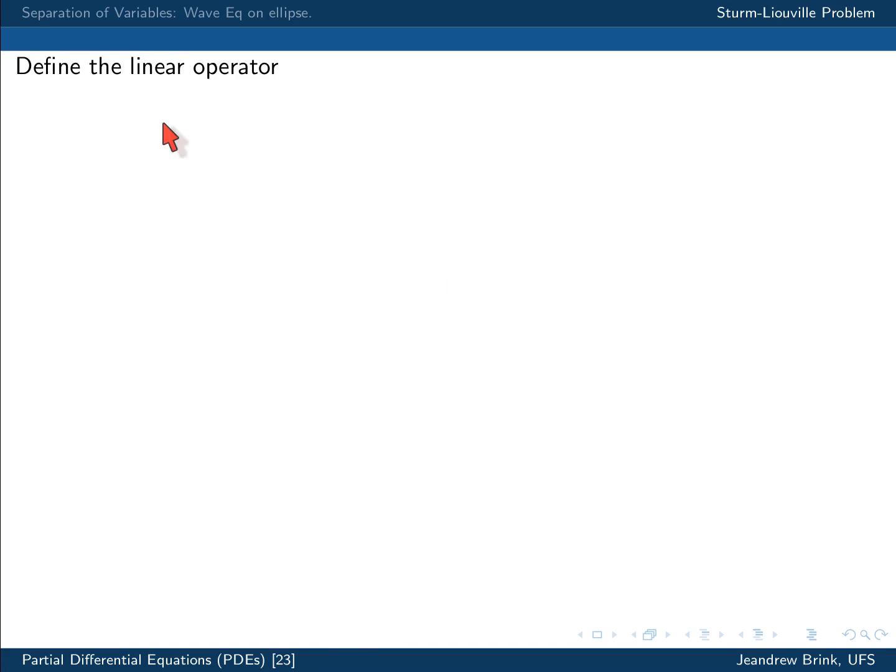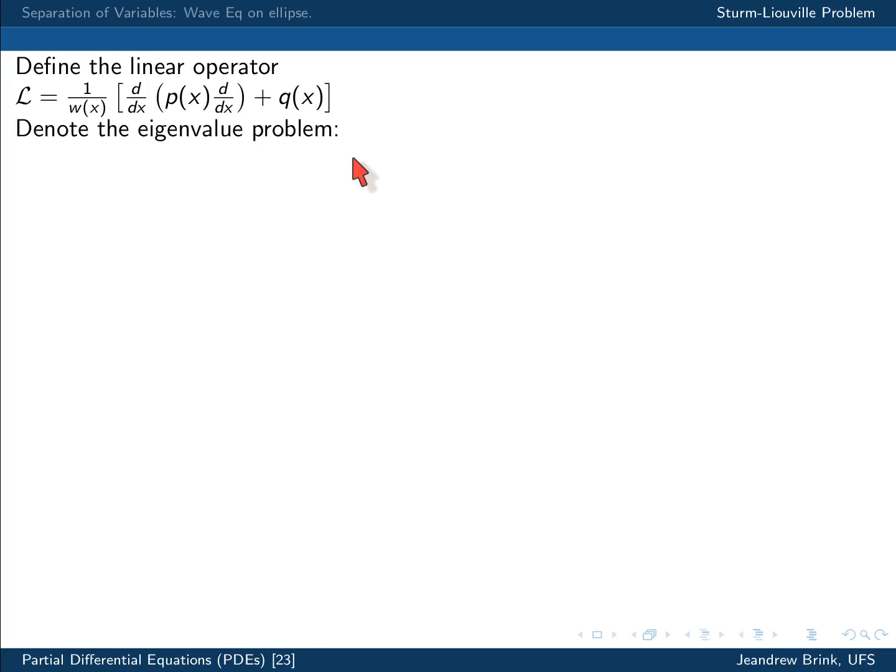So the first step is, let's define a linear operator that was inspired by that Sturm-Liouville problem. Let us say that the linear operator L is equal to 1 over omega of x, which is the weighting function, times d/dx of p of x d/dx, plus q of x, and then we apply that linear operator to some other function.